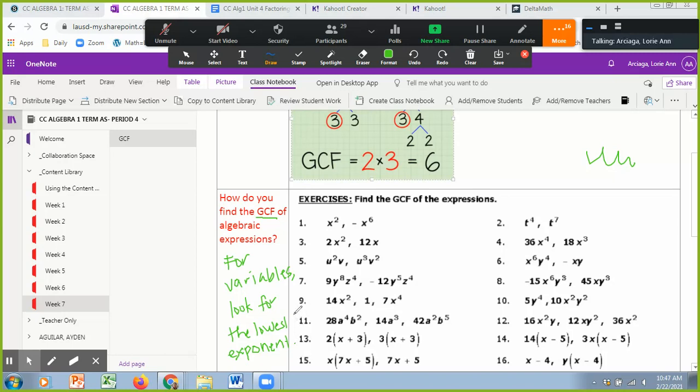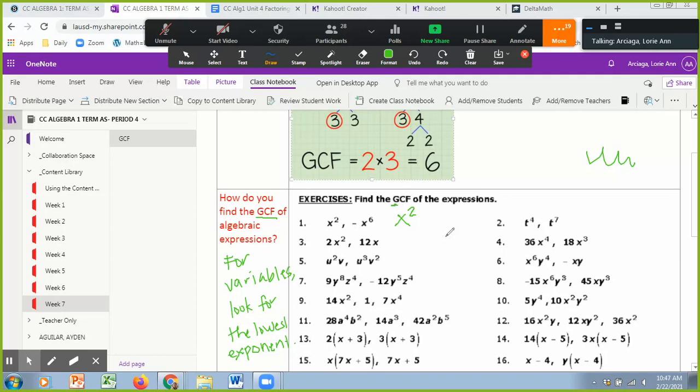So what does that mean? Let's say, for example, here. Which one is lower, x2 or x6? x2. So that's your greatest common factor already. Easy, huh? Can you make it negative because this one is negative? I would say use a positive because you're still finding the greatest common.